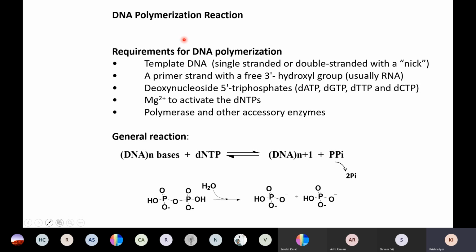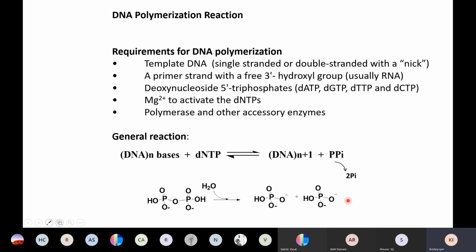Okay. Again, I'm showing this just like before. If there are n bases, a deoxynucleotide comes in, lengthens the DNA by 1, pyrophosphate is released, and this breaks down to 2 inorganic phosphates, and that is what drives the polymerization reaction by making this reaction highly delta G negative, or thermodynamically favorable.